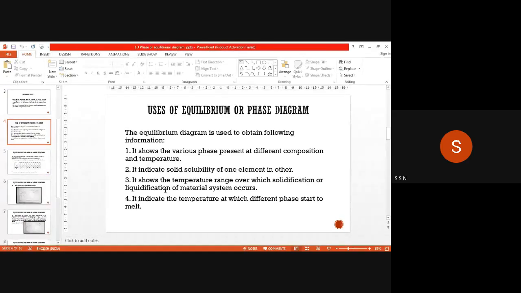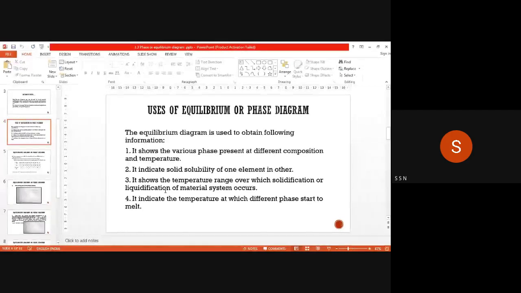Thirdly, it shows the temperature range over which solidification or liquefaction of the material system occurs, because the phase diagram is the variation of temperature and composition and phases.